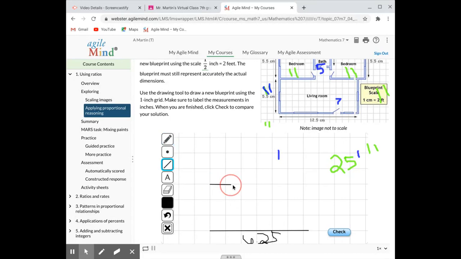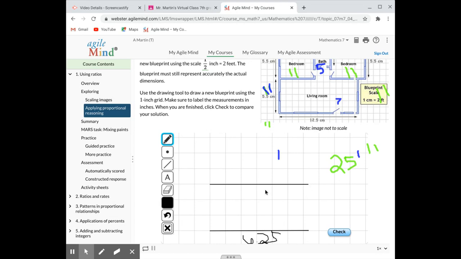Okay, so all I did, this is what I did. I drew a line from here to here at the very bottom. And I said that each one of these is 4 feet. So that's 4, that's 8, 12, 16, 20, 24, and then 1/4 would be 25.